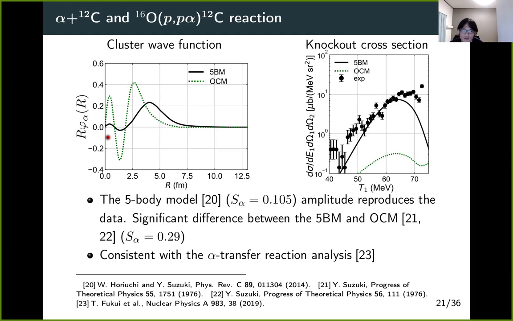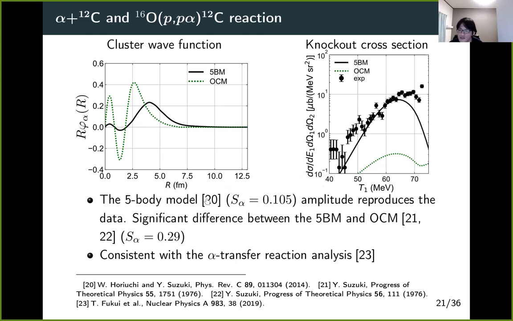This dashed one, OCM, only gives this cross section, more than one order of magnitude smaller. The important thing is that the spectroscopic factor for the 5-body model is 0.1, but for OCM it is about 0.3. So the spectroscopic factor is larger for this one, but the cross section is smaller.